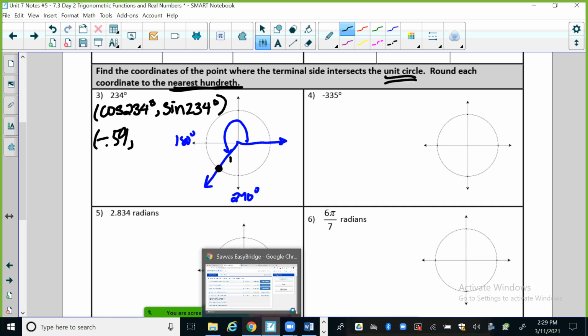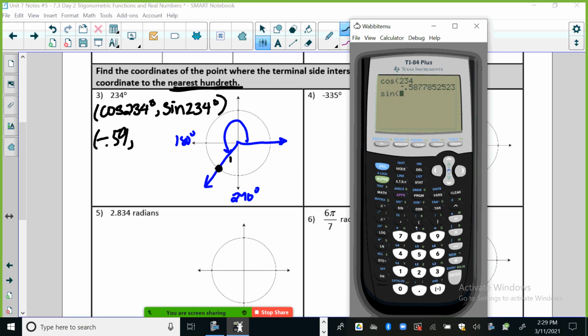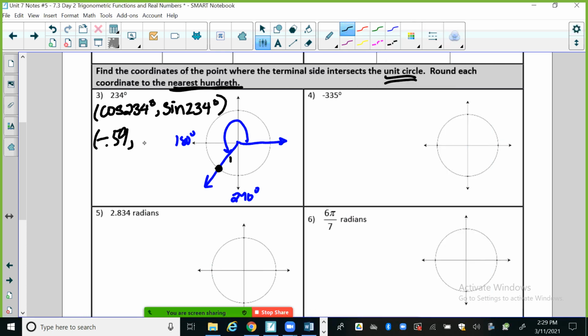And sine of 234 degrees is negative 0.809, so negative 0.81. And it is as simple as that.